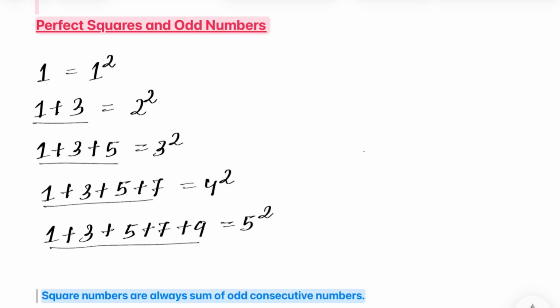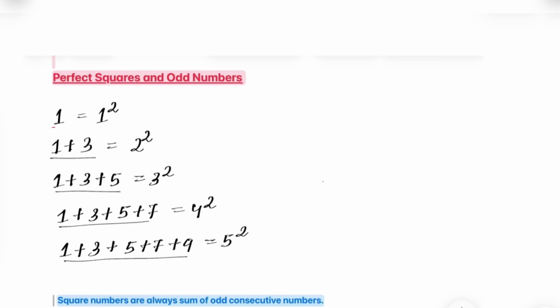We can see a pattern here. At first, one odd number is there and it equals 1 square. Next, sum of first two consecutive odd numbers is the same as 2 square. Here, sum of first three consecutive odd numbers equals 3 square and sum of first four consecutive odd numbers is 4 square.